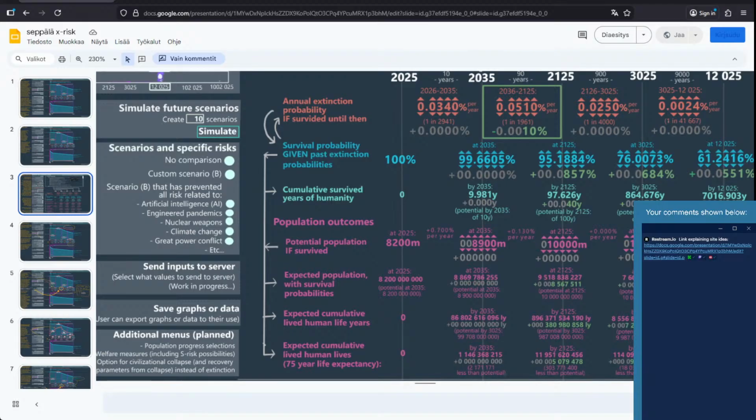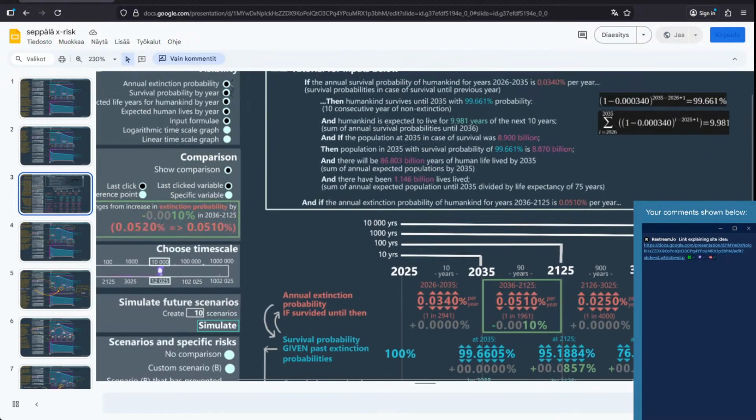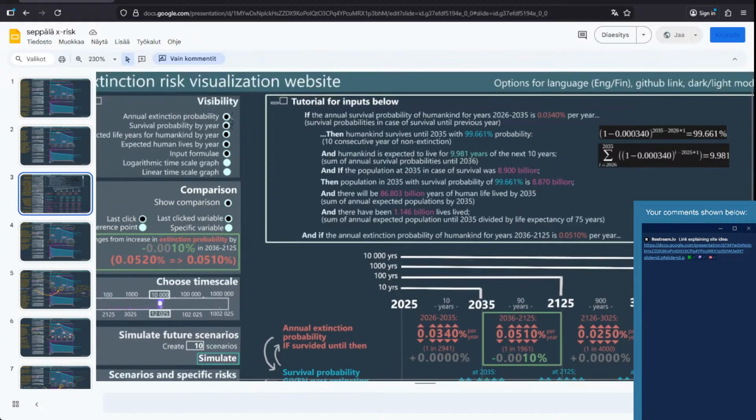So for population outcomes, these two first, they're going to be there. You can set this population, and then it uses the survival probability to calculate the expected population, as you can see from this tutorial array here.